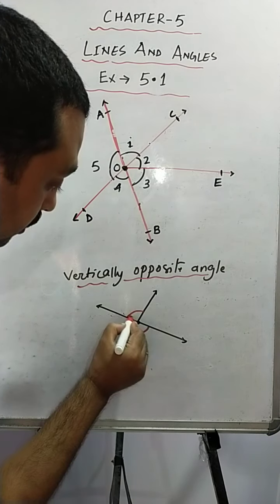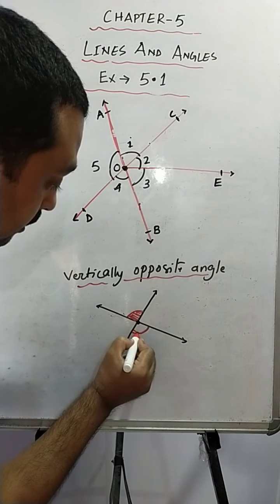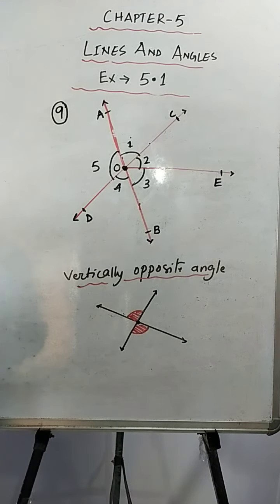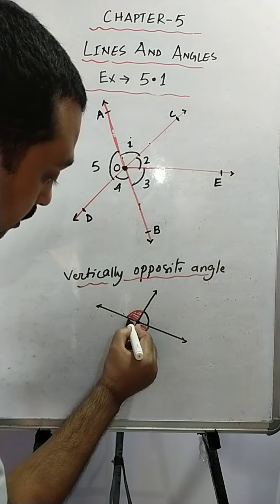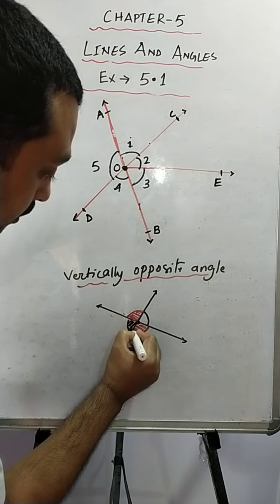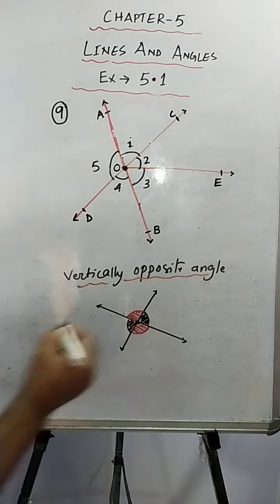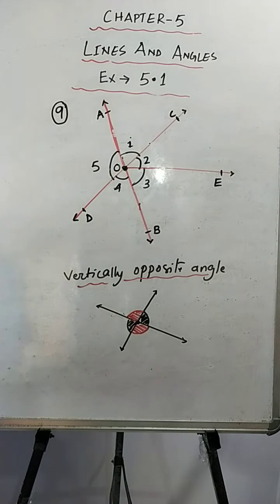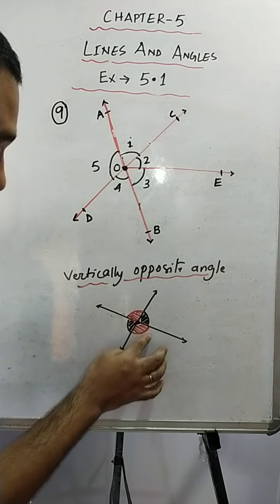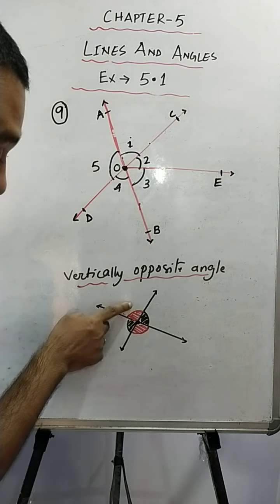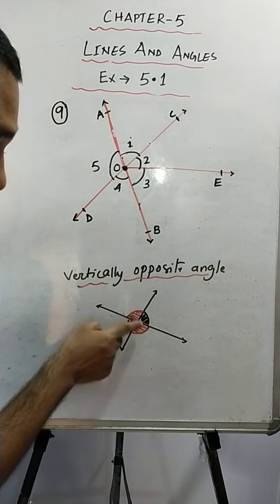That is this one and this one, I will shade it with red color. And these two angles also, I will shade with black. So when two lines intersect each other, four angles are formed, and the opposite angles will be called vertically opposite angles.